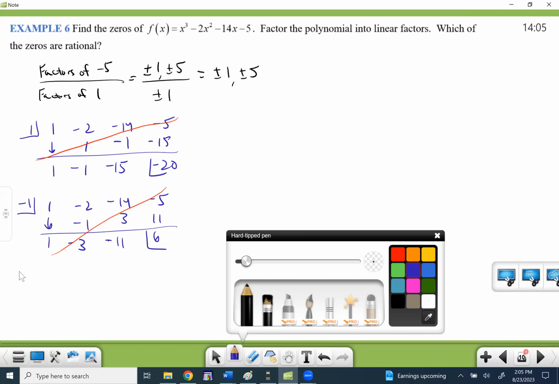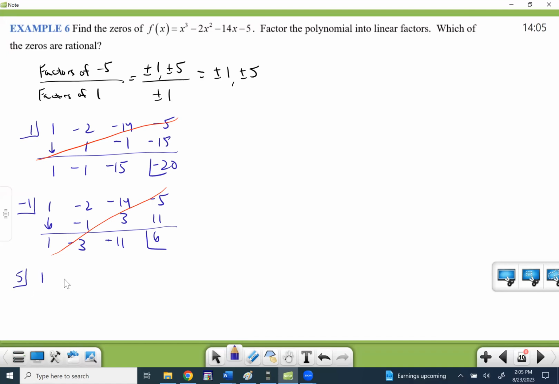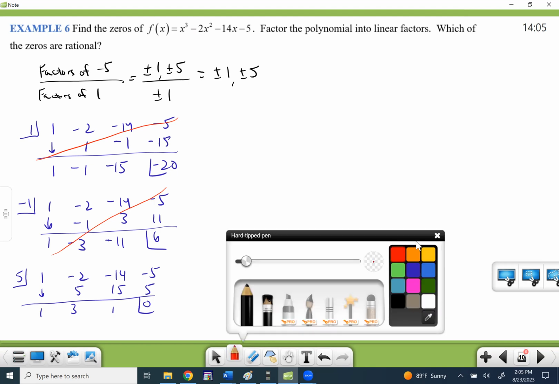Let's try 5. Five times 1 is 5. Gets us 3. 5 times 3 is 15. That gets us 1. And 5 times 1 is 5. There it is. So this tells us that 5 is one of our zeros, right?